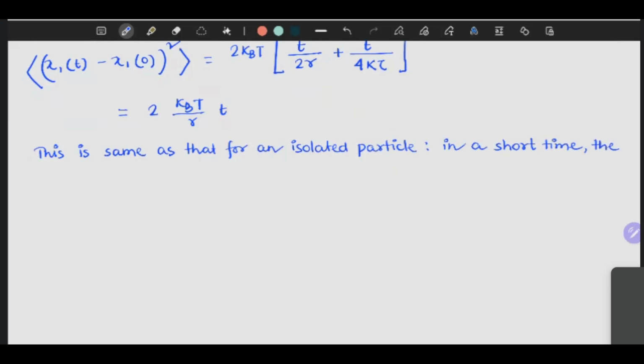The particle moves independently of the other particle.